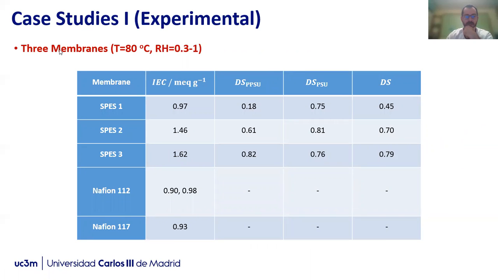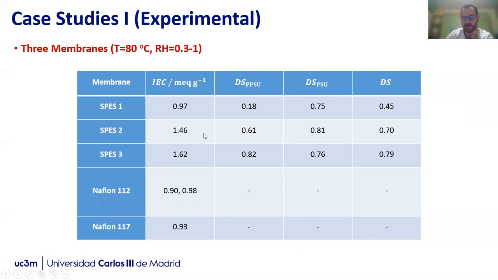In terms of the experimental side, we have 3 membranes, and these are the properties: the ion exchange capacity, the degrees of sulfonation of both blocks, and also the average degree of sulfonation. For instance, there is a comparison with Nafion. As I mentioned before, the degree of sulfonation at the beginning can be very high for polysulfone and very low for polyphenylsulfone.